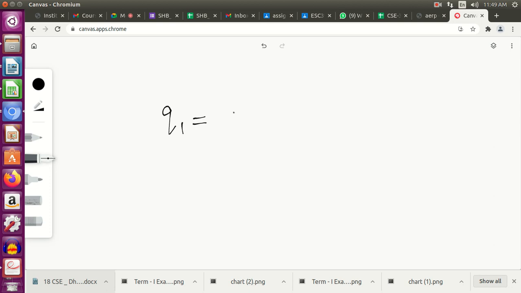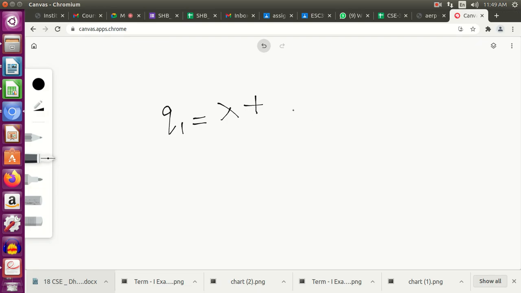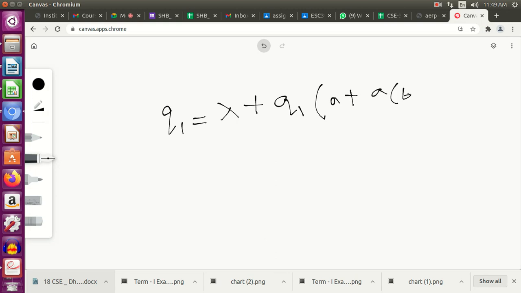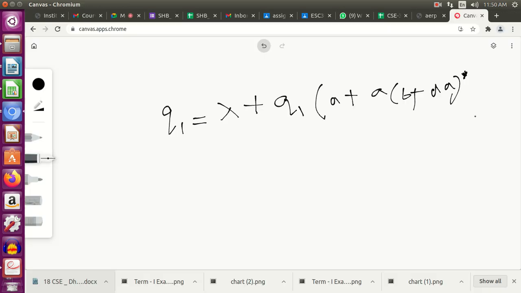So we have Q1 is equal to lambda plus Q1 (A plus A (B plus AA) whole star B), and then we have A B.